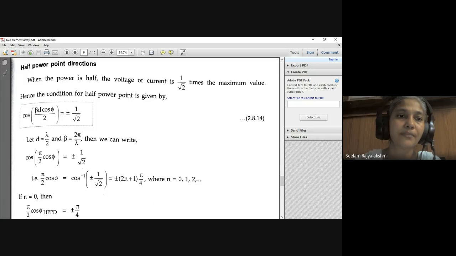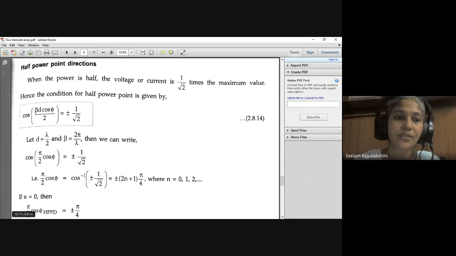By replacing d and beta in equation number 14, we obtain cos(pi by 2 cos phi) equals plus or minus 1 by root 2, or pi by 2 cos phi equals cos inverse plus or minus 1 by root 2, which is plus or minus (2n plus 1) into pi by 4, where n equals 0, 1, 2 and so on.